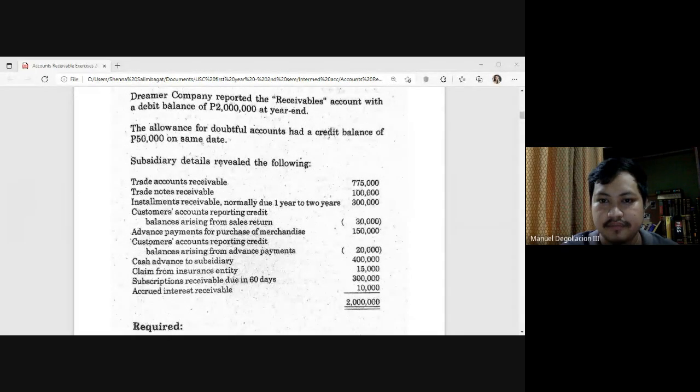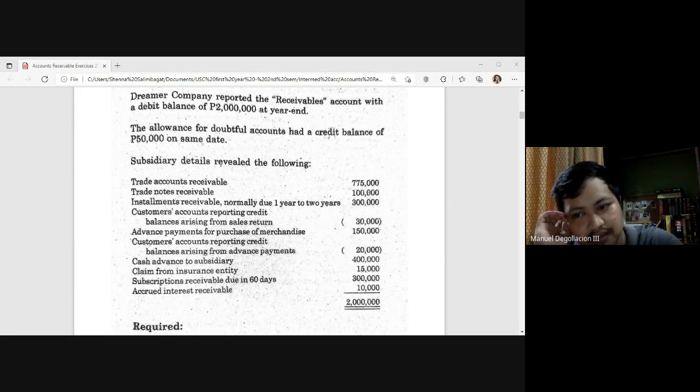Apali? Okay. How about the customer's account reporting credit balances? Will it be included in our computation?